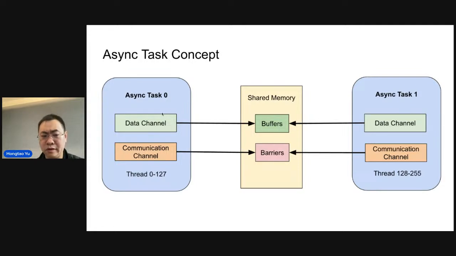So if task 0 is the producer task, it's going to produce its data into shared memory, and the consumer task is going to fetch the data from there. The barriers are more for synchronization or communication. And on the bottom, one task will typically be mapped to a warp group, which has 4 warps and 128 threads in all. This is for the NVIDIA platform.